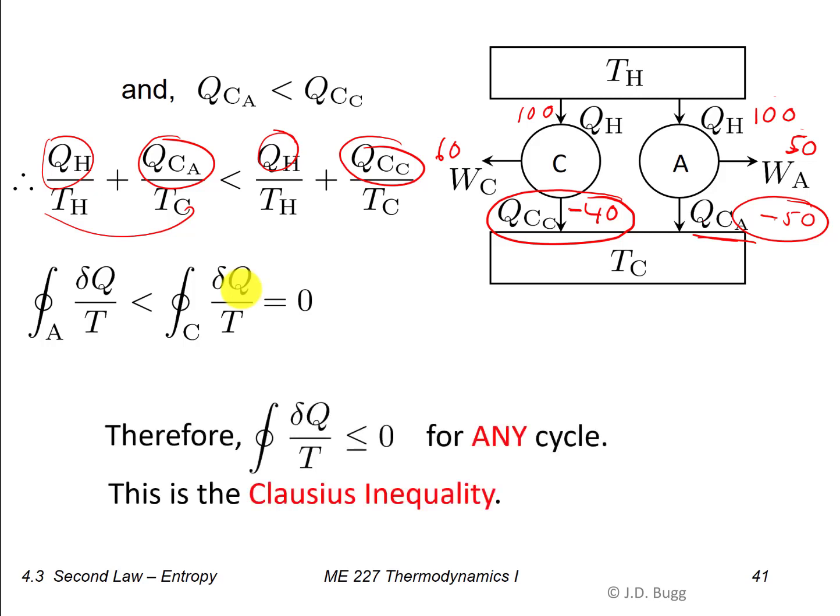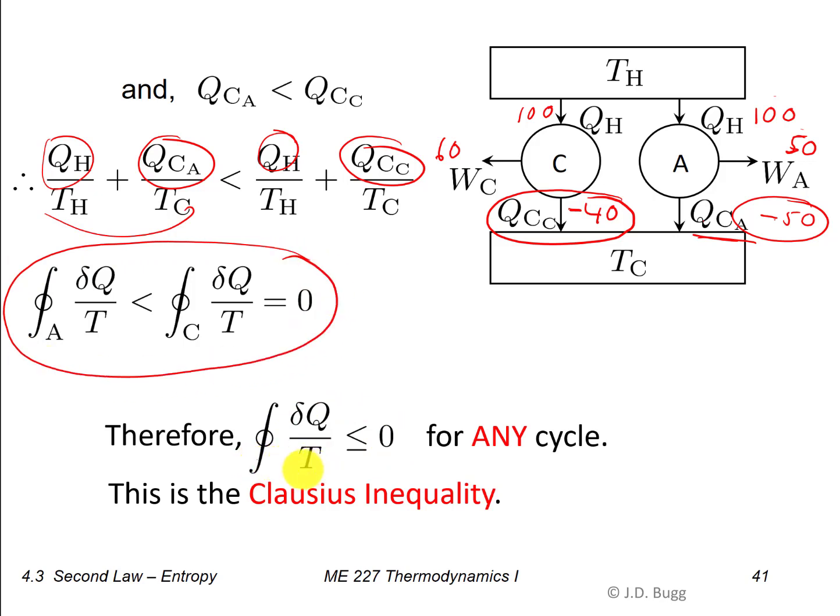So the conclusion that we get to here is, notice we're going to combine these things together. Here I have that integral we've been evaluating, delta Q over T. Notice I've dropped the subscript here, so I'm now talking about any cycle whatsoever. Absolutely any cycle. And this is now an inequality, less than or equal to 0. This is really just a way of combining these two things into one equation.